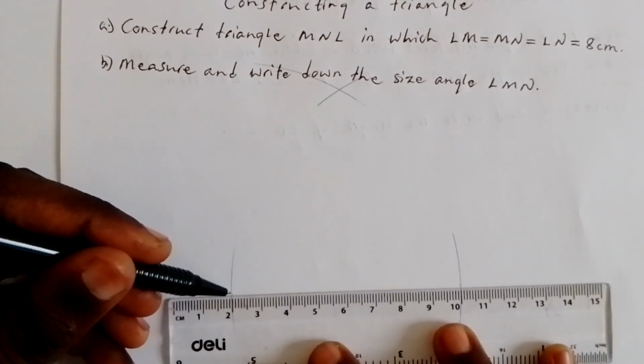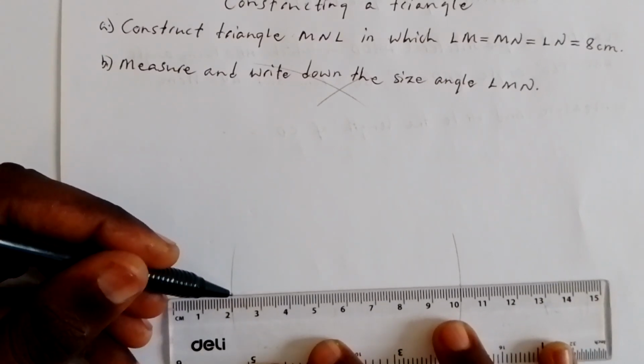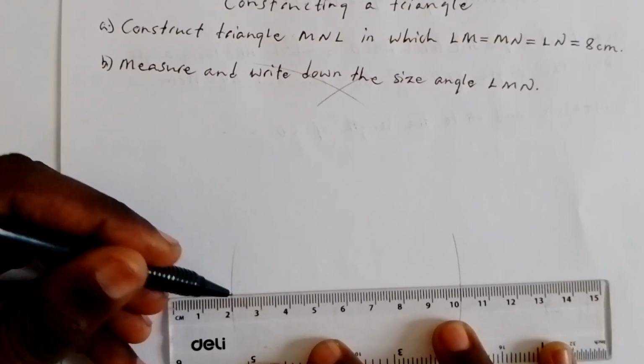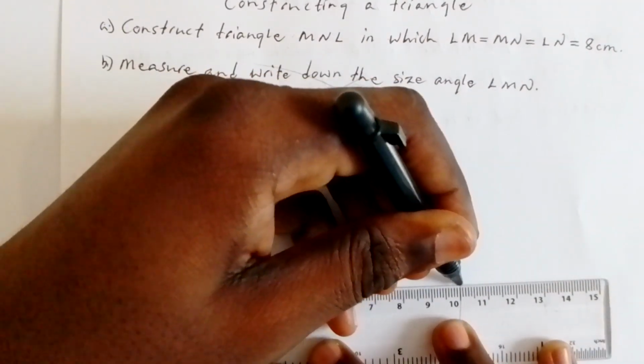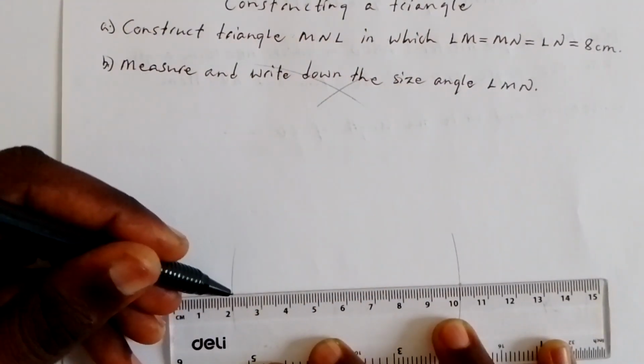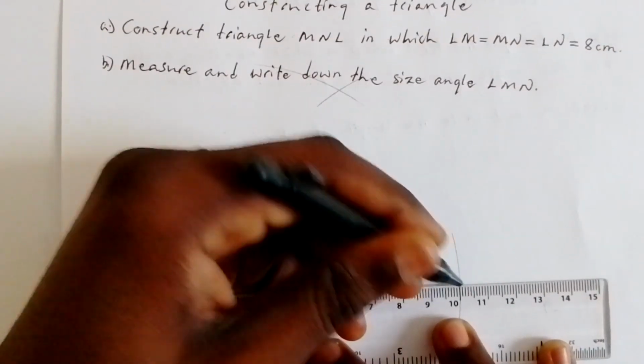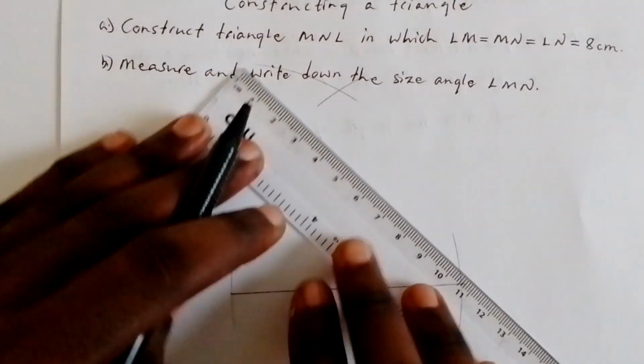So I'm going to draw a line that will pass through that point as well as that point like this. Okay, so that is equal to 8 centimeters.